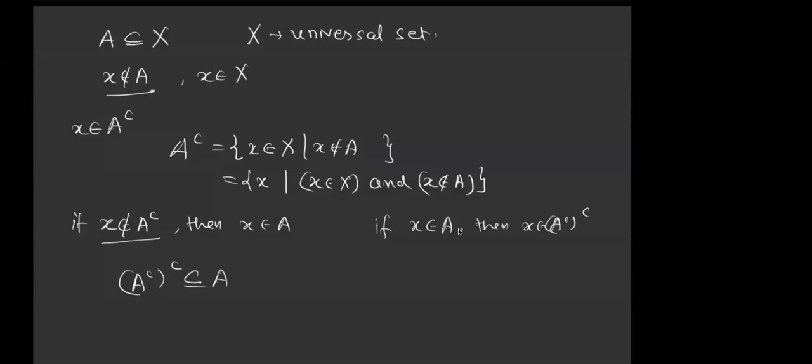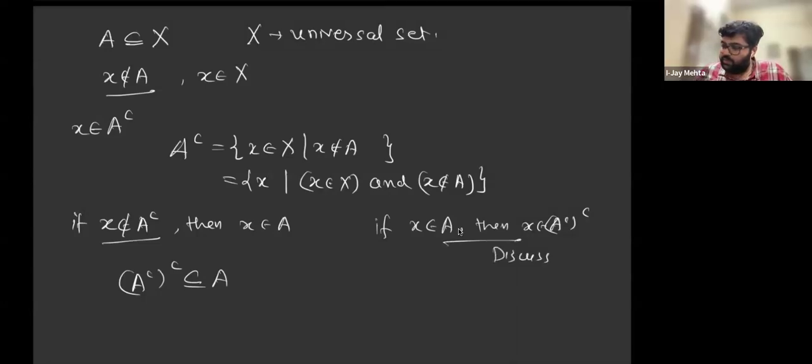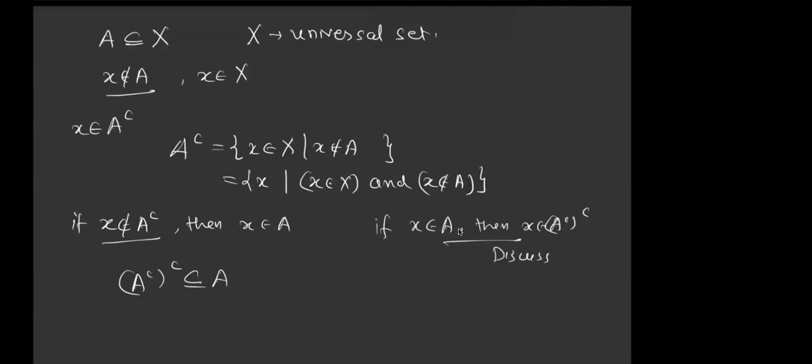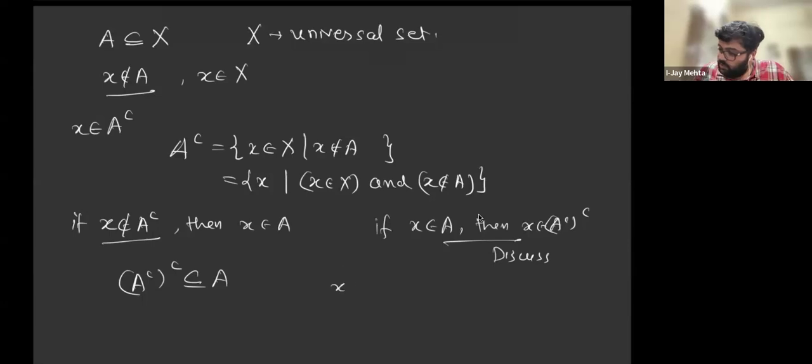You can discuss this. How do we show this? Yes, Aisha. So can we write it as X belongs to capital X such that X belongs to A? Okay, what is this set?